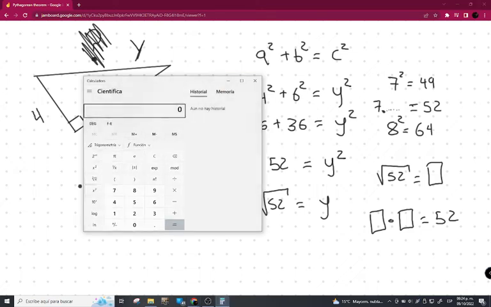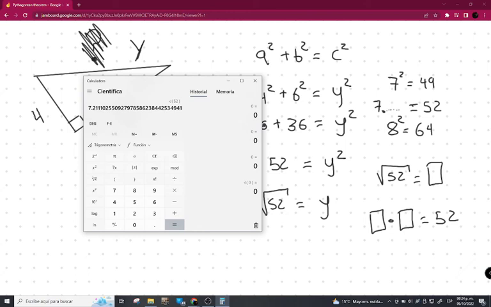So let's say that you want the square root of 52. The square root of that is 7.21111025550, and whatever these decimals, and probably there are more after these.